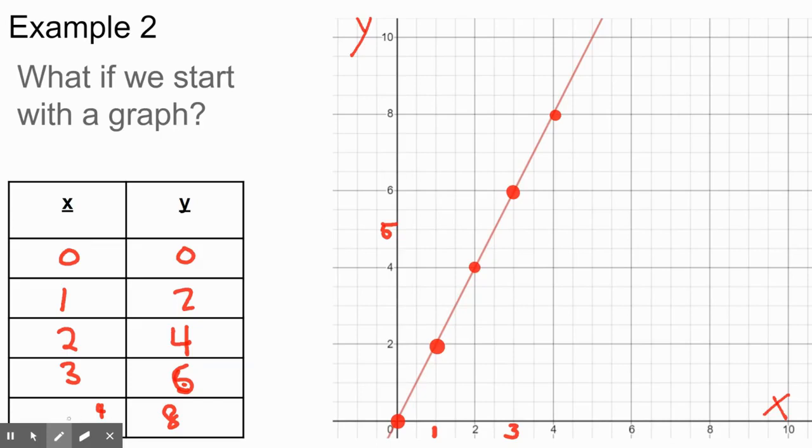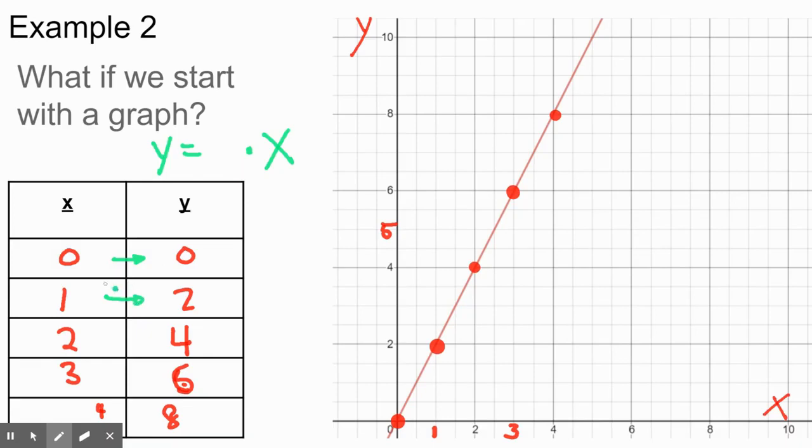So in this table, really the only thing that we can do to get something to be 0 is multiply it by 0. So we can write y is equal to something times x. So I have to figure out what that something is. What can we do to a 1 to get a 2? Well, we could add 1, but we're already pretty sure it's going to be multiplication.